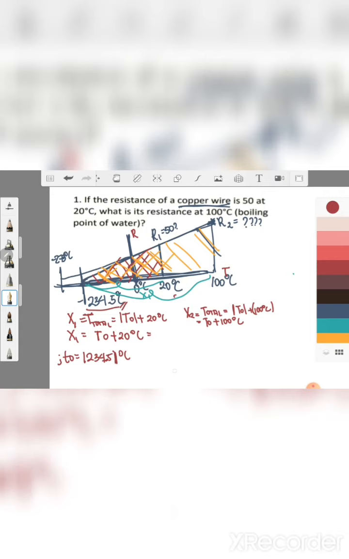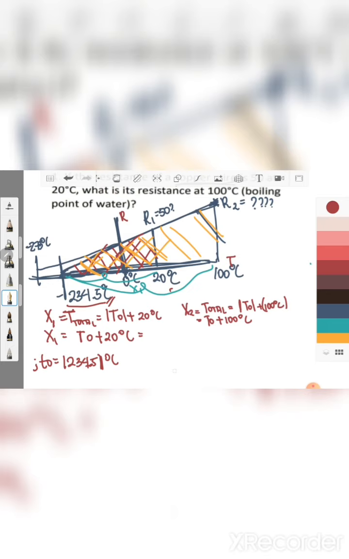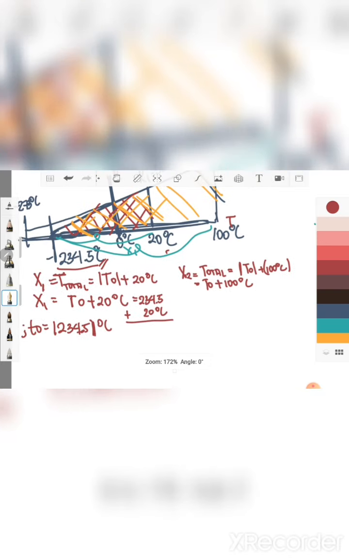Alright, so therefore it is equal to 234.5 plus 20 degrees Celsius, which is equal to 254.5 degrees Celsius.